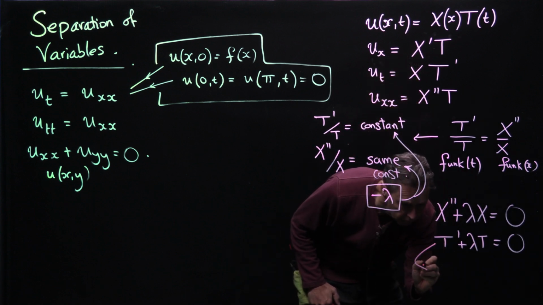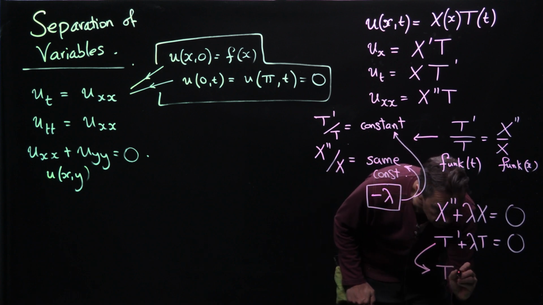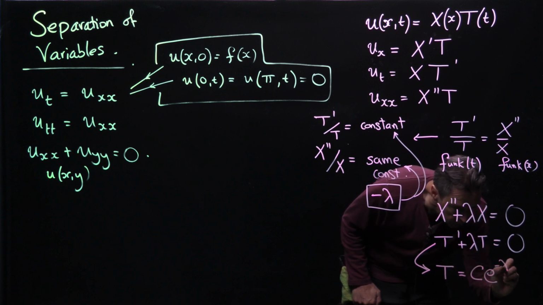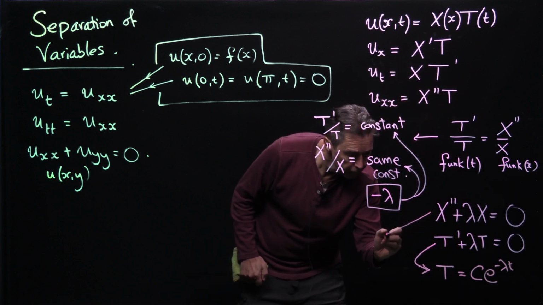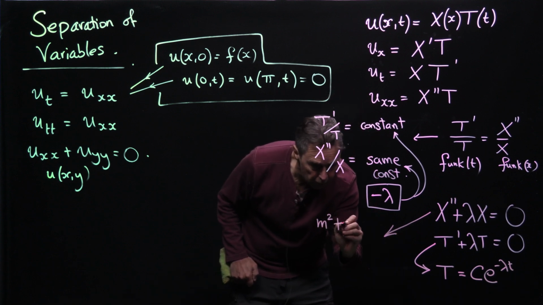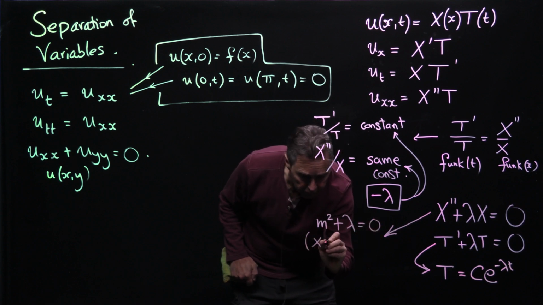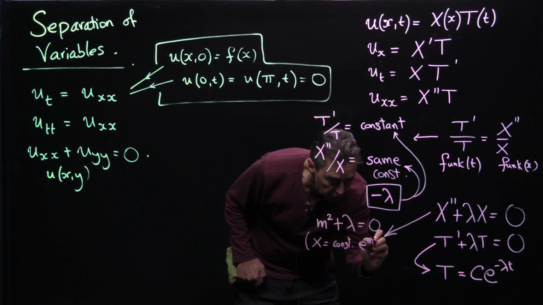This one, for example, tells us immediately that big T is some constant, let's call it c, times e to the minus lambda t. This one has an auxiliary equation, which is m squared plus lambda is 0. That's if we pose x as a constant times e to the mx.